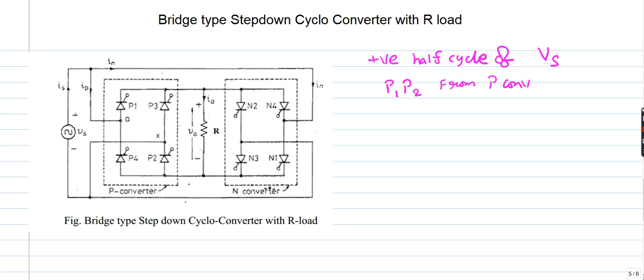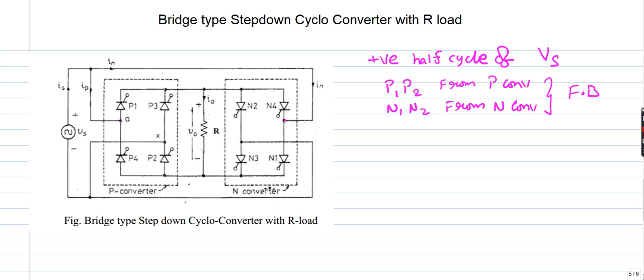This is the P converter and this is the N converter. From the N converter, the same source is applied at this leg, so N1, N2 from the N converter will be in forward blocking mode.